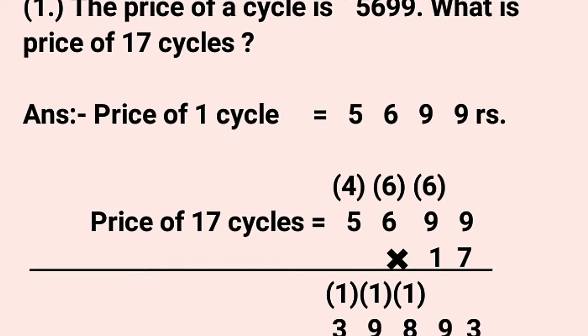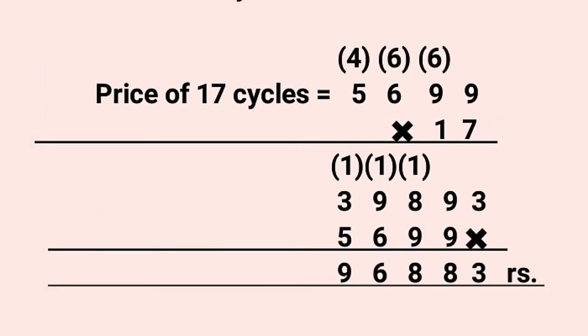5,699 multiplied by 17. 7 into 9 is 63, 6 carried. 7 into 9 is 63 plus 6 is 69, 6 carried. 7 into 6 is 42 plus 6 is 48, 4 carried. 7 fives are 35 plus 4 is 39. Now 1 into 9 is 9, 1 into 9 is 9, 1 into 6 is 6, 1 into 5 is 5.